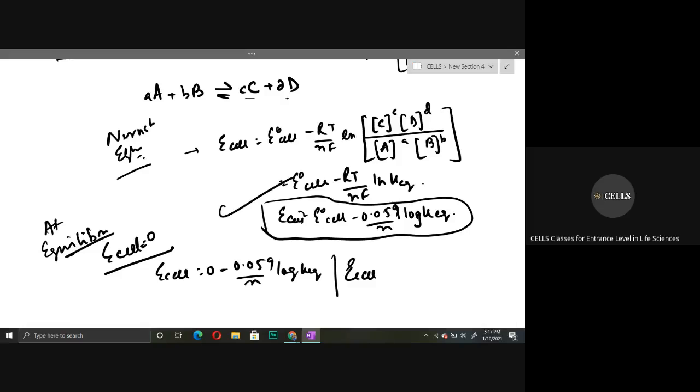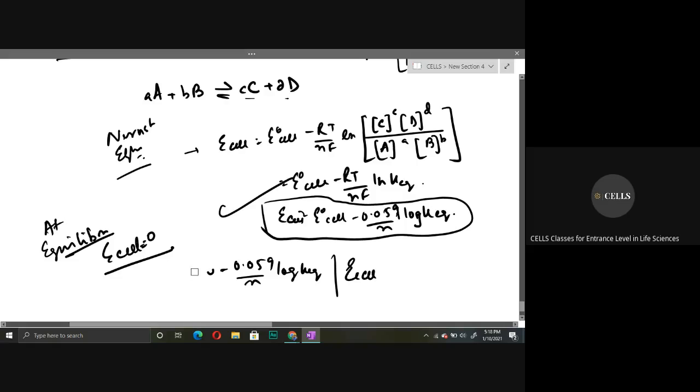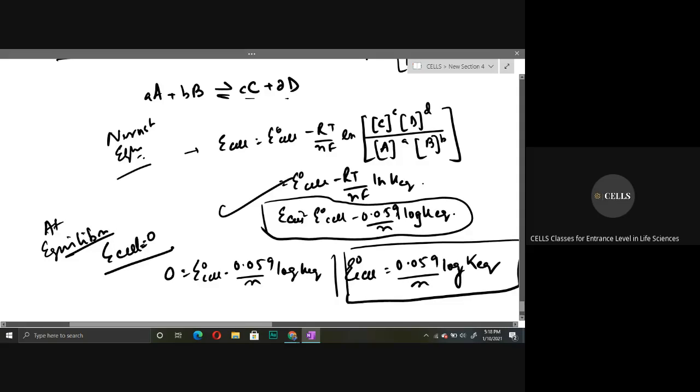So 0 equals E0 cell minus 0.059 by n log K equilibrium. So the E0 cell value will be 0.059 by n log K equilibrium. This is another equation.